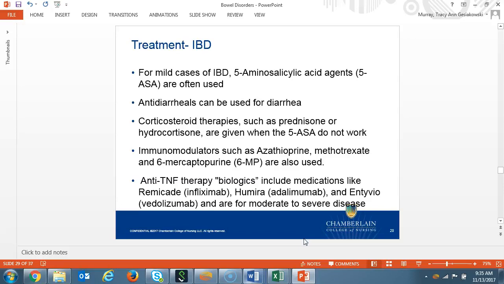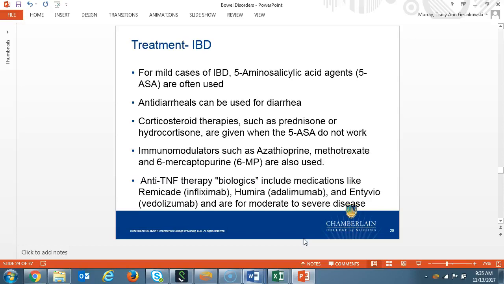Azathioprine, methotrexate, and 6-mercaptopurine, 6-MP, are the most commonly used immunomodulators. It should be pointed out that this class of drugs can cause bone marrow suppression, and patients are at risk for infection.